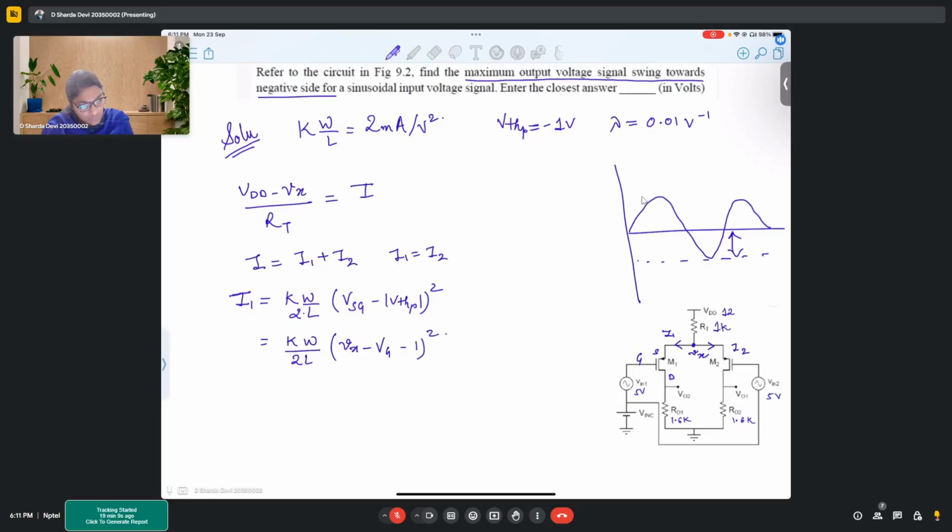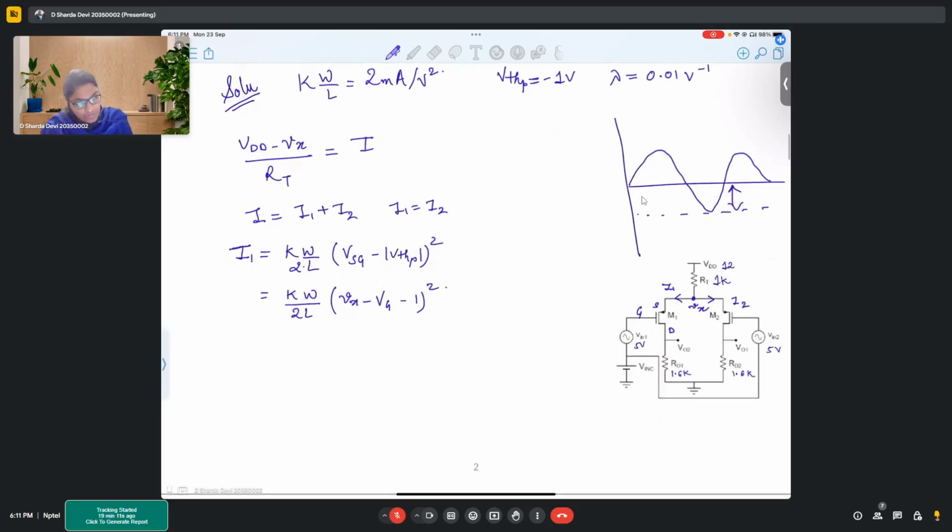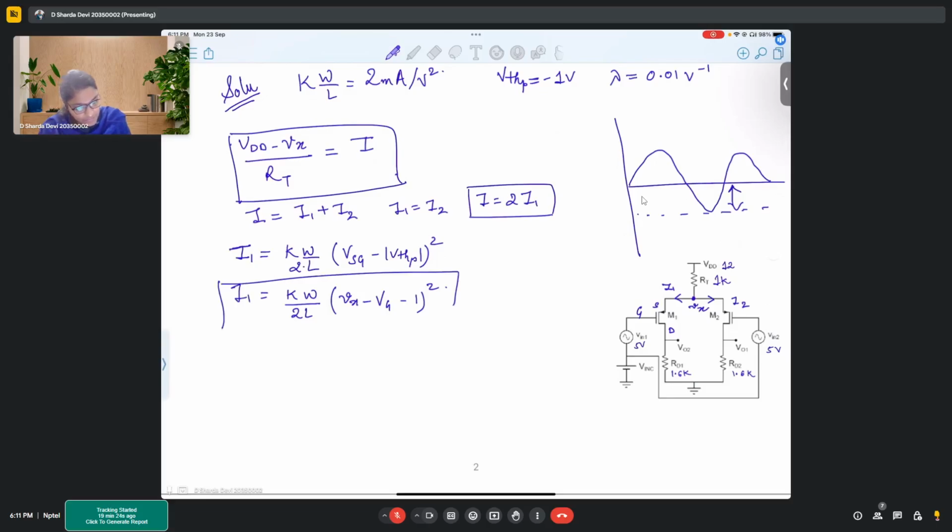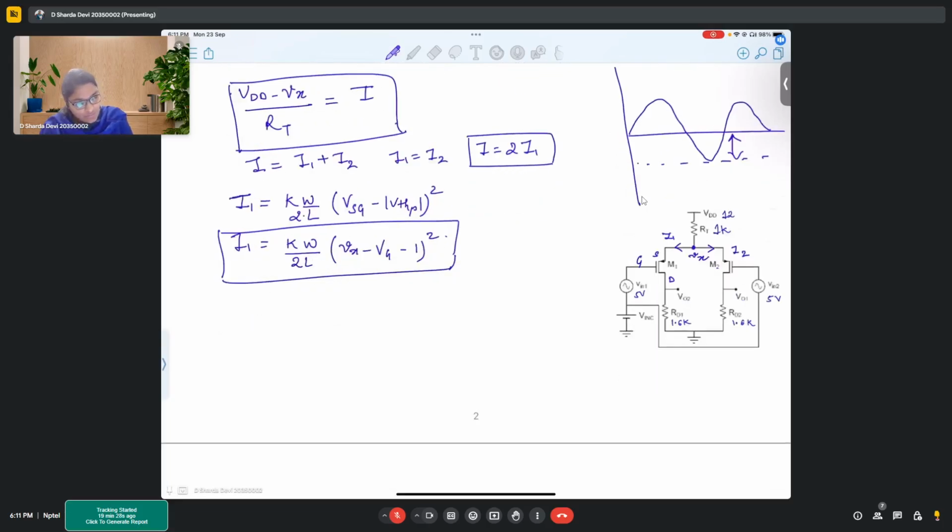Minus 1 whole square. Now we know that I equals 2 times I1, and I we know from here. So this is I that we know, this is I1 that we know. Why don't we equate these two through this equation?